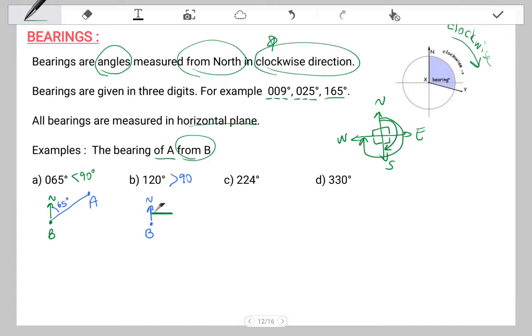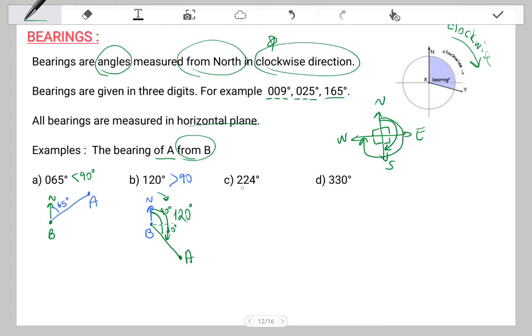So in a clockwise direction, when I reach the east, it is 90 degrees. I should move 30 degrees more to complete 120, and in this direction somewhere here we have A. So these angles together make 120 degrees.